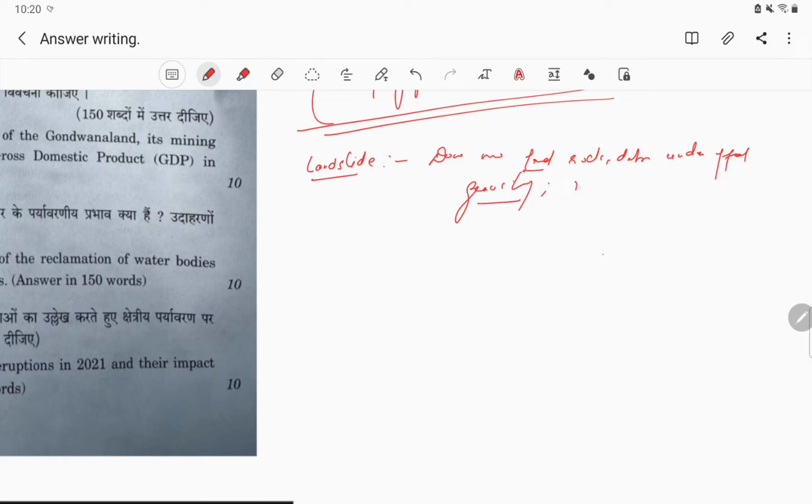Yes, it's very common in Himalayan region, as well as in Western Ghat region. However, the factor differs.